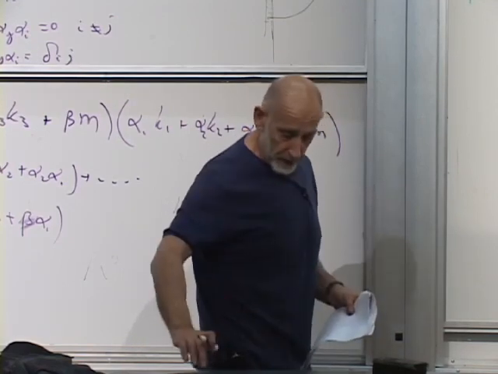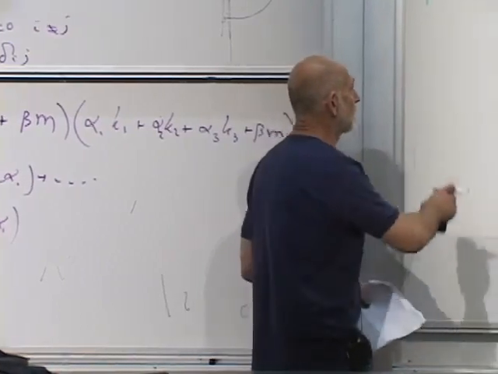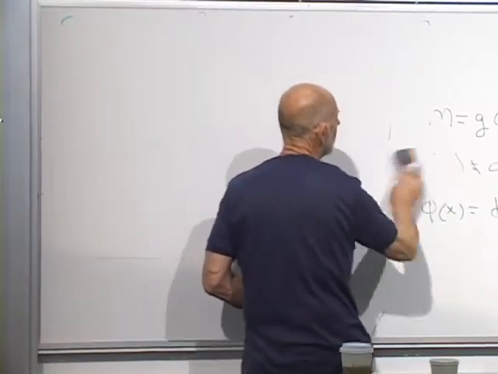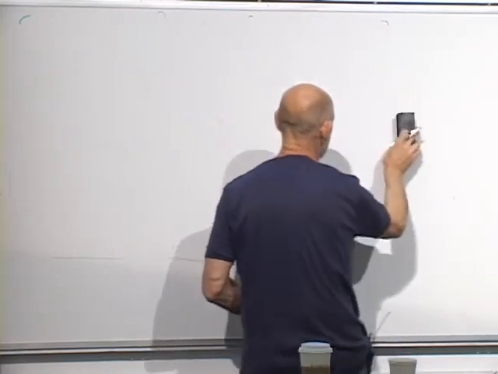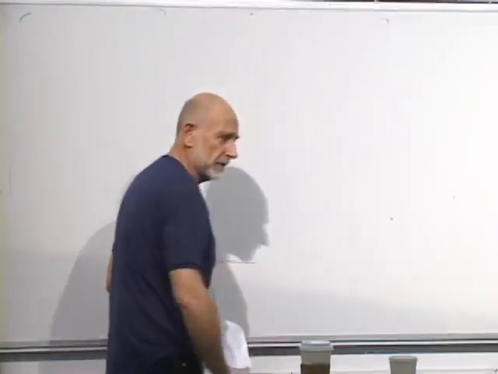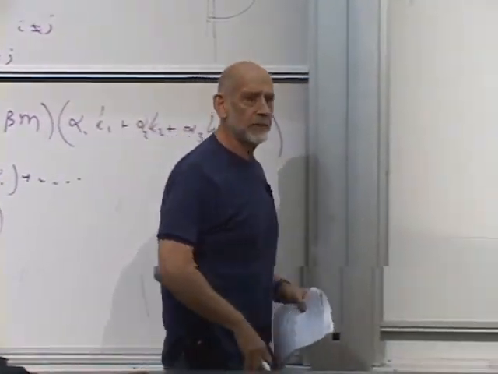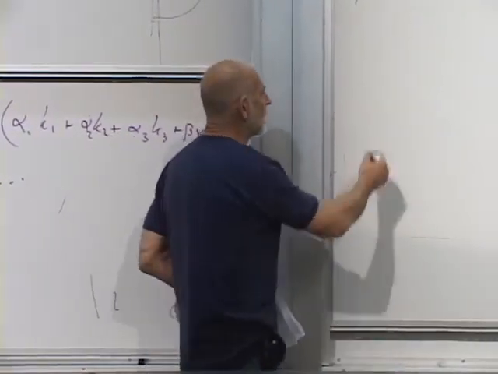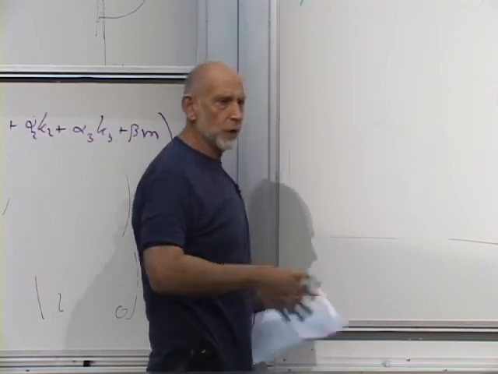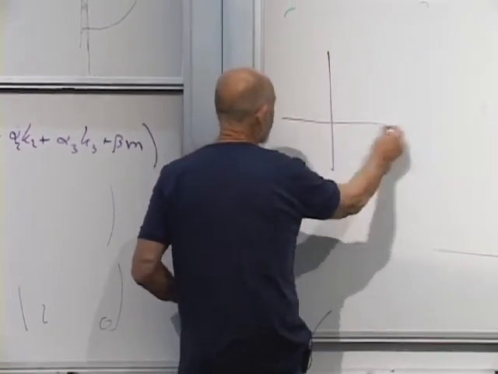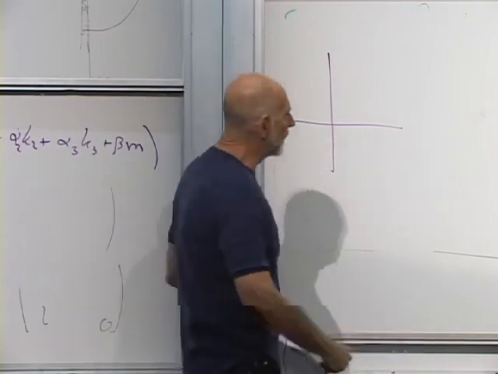Let me tell you what the minimal set of matrices is. They're not unique, but they're equivalent, in the same sense that if I'm interested in mutually orthogonal axes in space, mutually orthogonal axes are not unique.